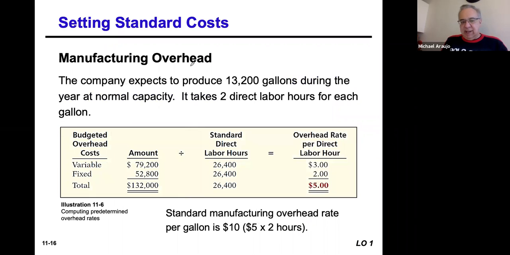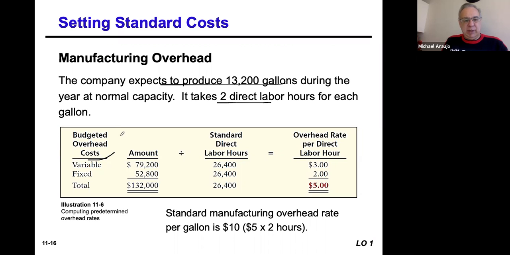So in this example, the company expects to produce 13,200 gallons at normal capacity, and it takes 2 direct labor hours for each gallon to be produced.